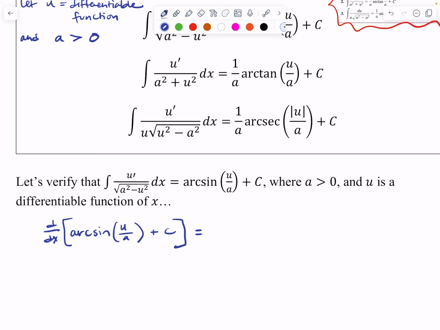Okay, so thinking about the derivative of arc sine, right? We have to think chain rule for finding the derivative here because we have an outside function and then an inside function, and for that plus c, the derivative will just be 0.